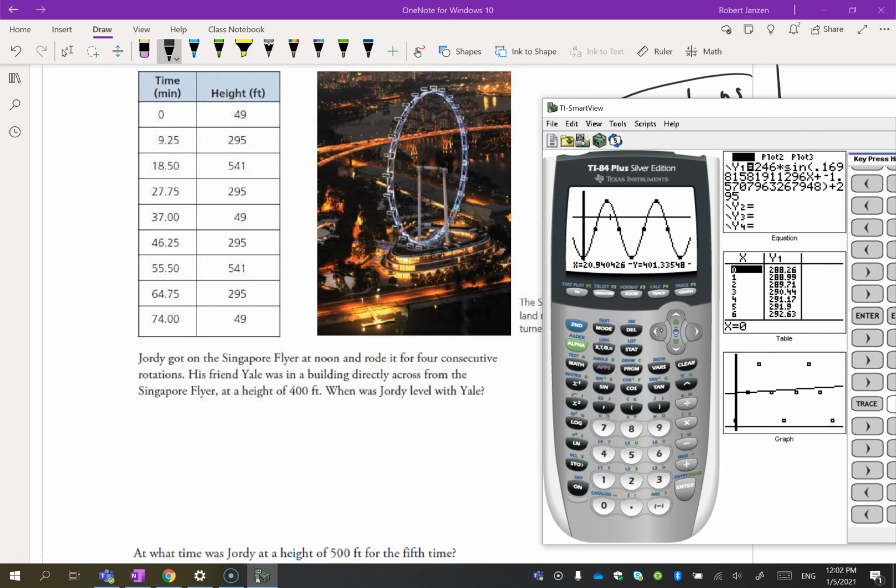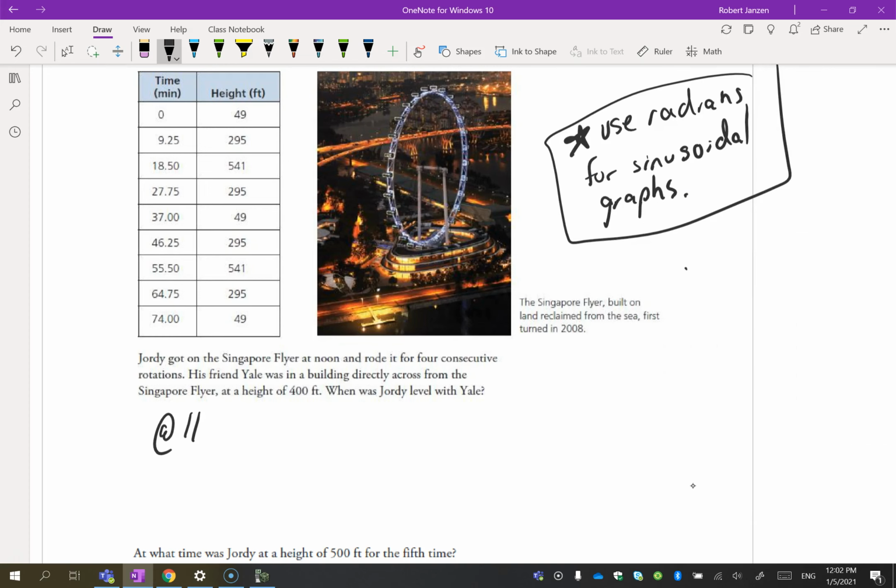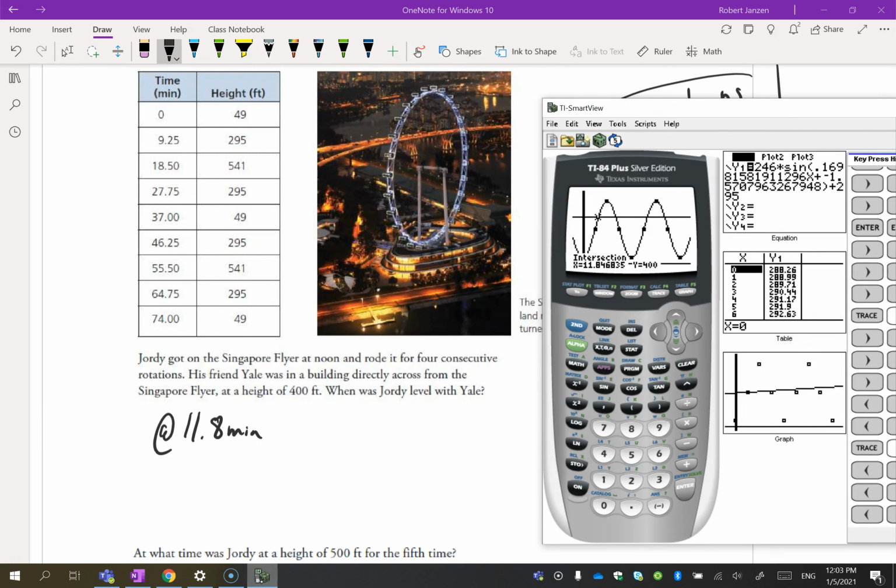So again, let's just pick the first one. Intersect. I'm going to say I want the first curve over here. So enter, enter, and enter. It gives me that X is 11.8, and that's minutes. So at 11.8 minutes, it'll be 400 feet high. Again, there is more than one answer there, but I would say just take the first one.